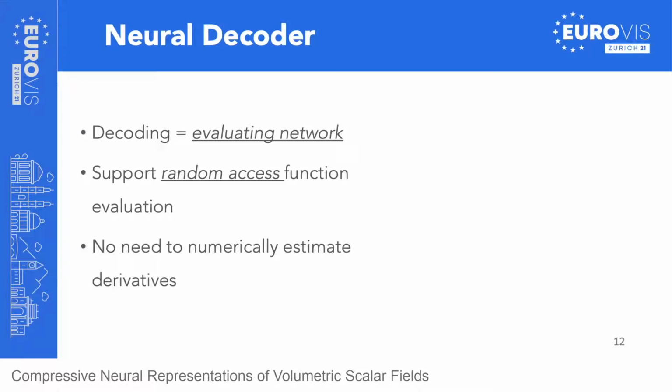We may evaluate our function at any position, not just grid vertices. Thus, the network can serve as an interpolant. Furthermore, the need to numerically estimate derivatives can be eliminated as we can compute higher-order information from the network directly.